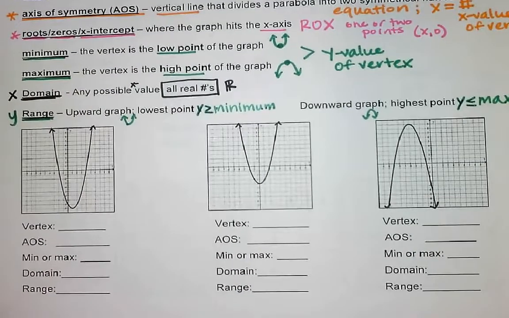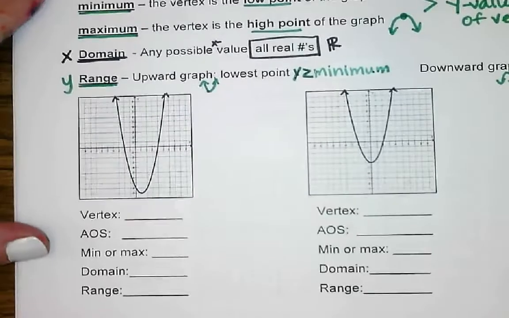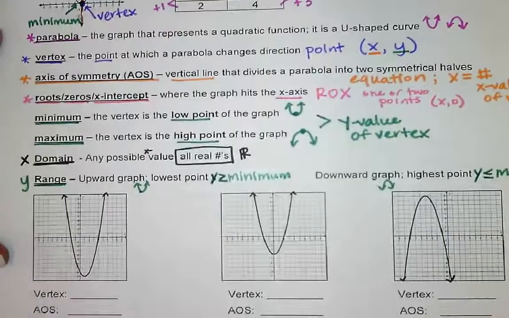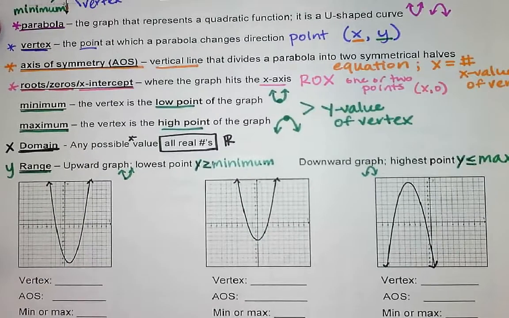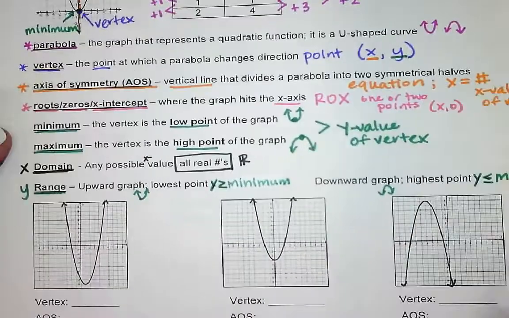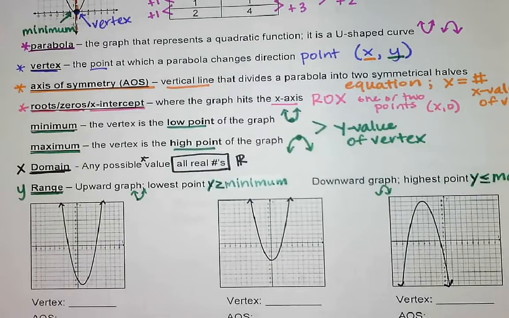Yes, ma'am. Go for it. I have a question. Yes, sir. What's your question? What if it's sideways? If it's sideways, it's not a quadratic function. It's a parabola shape, but it would be a square root function, and it would actually not be a function.